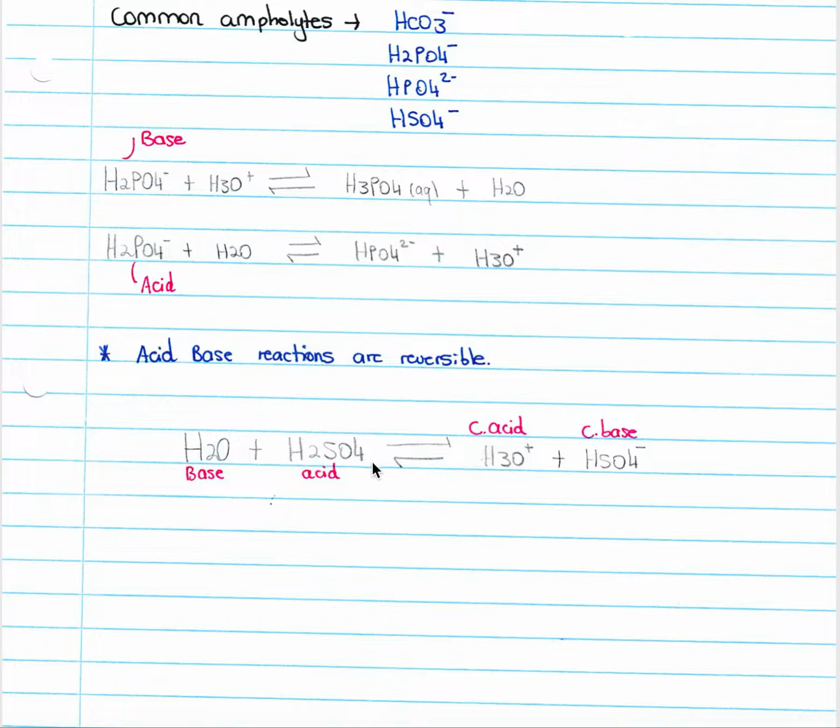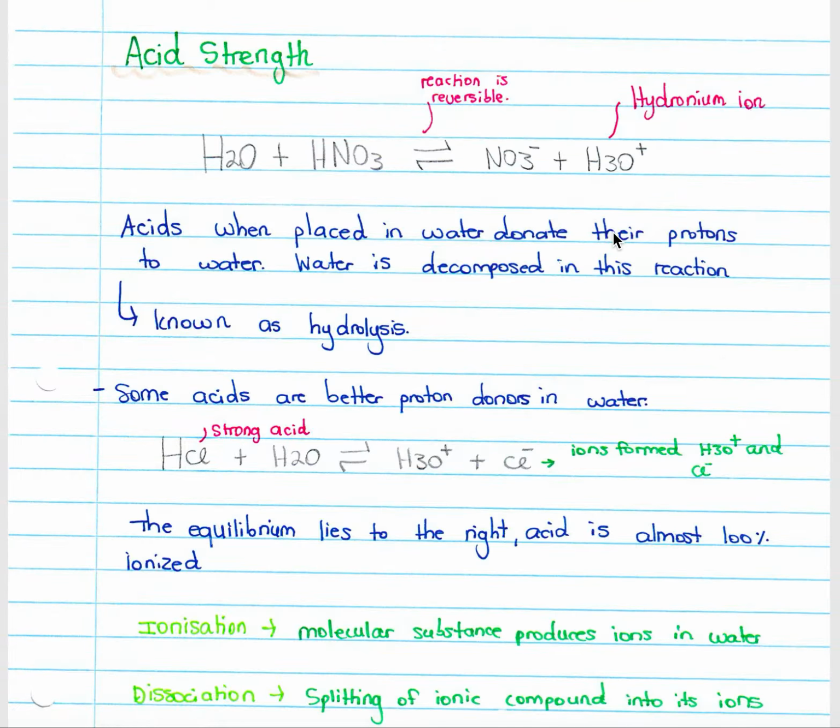However, in the reverse reaction, we can see that they are opposite. HSO4- is now a conjugate base, as HSO4- becomes H2SO4, meaning it has accepted a proton, an H+. And H3O+ becomes H2O, meaning it has donated an H+, giving it the status of a conjugate acid. Next, we move on to acid strength.